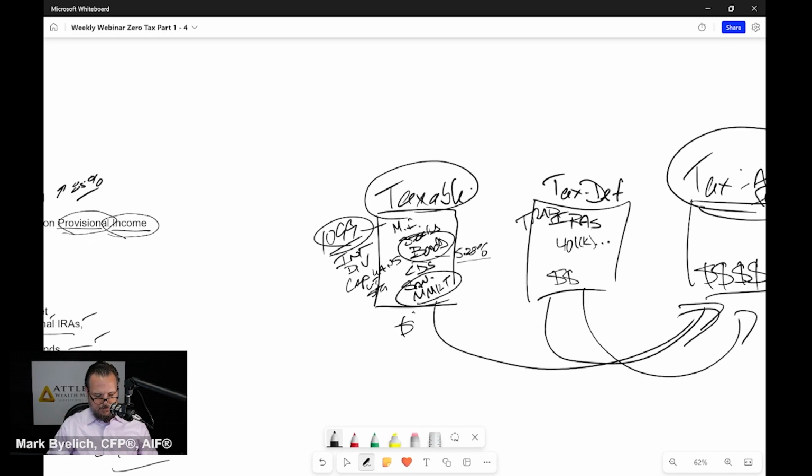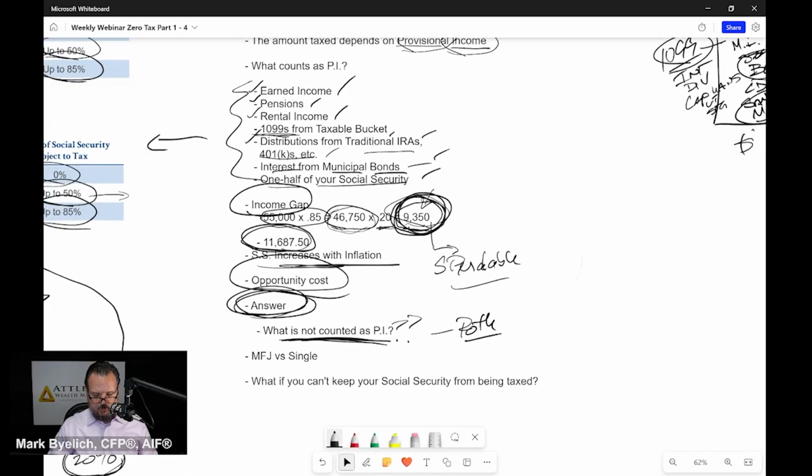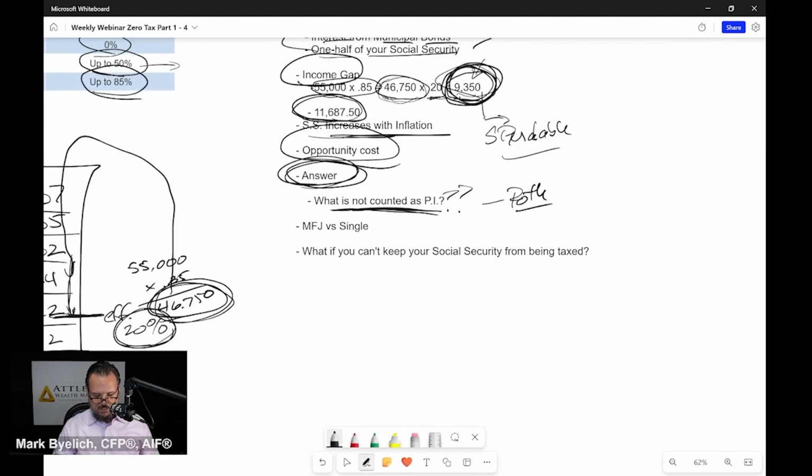Well, the first thing, I know I'm going back and forth. This is kind of fun for me. So what's not counted as provisional income? I didn't say Roth, and I also didn't say properly structured cash value life insurance, or as my friend David McKnight calls it, a life insurance retirement plan.